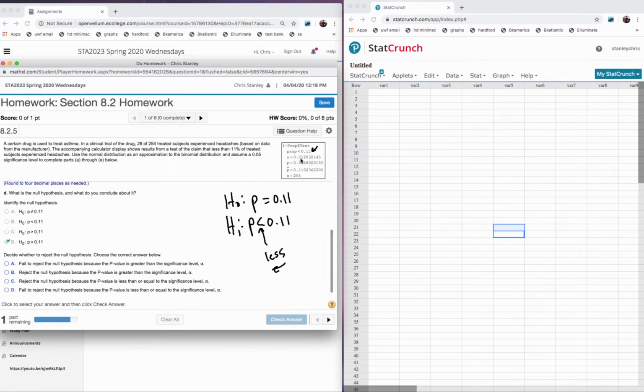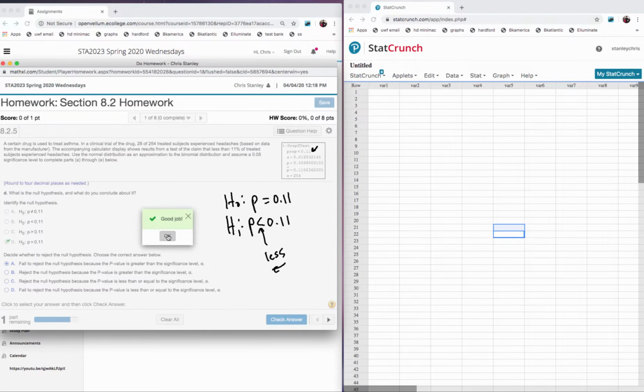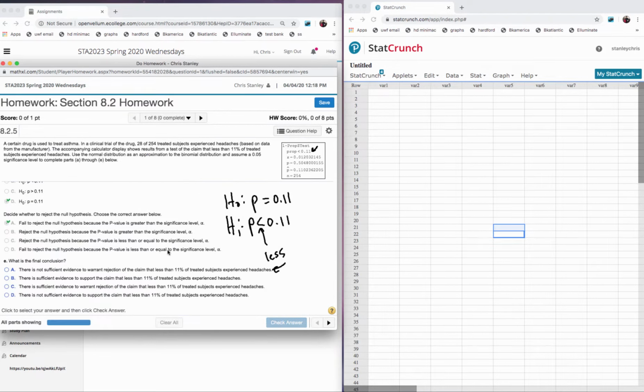Okay, now this p-value is large, so that p-value is larger than that significance level, so we're going to fail to reject, because the p-value is greater than the significance level. What that means, there's not sufficient evidence that less than 11%. Whenever you reject, that's evidence.